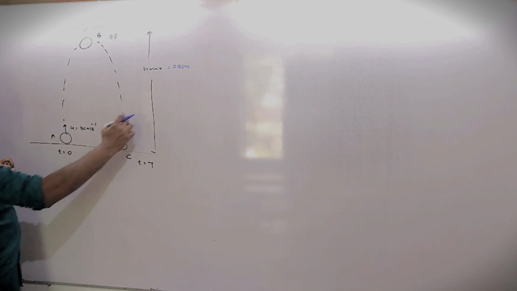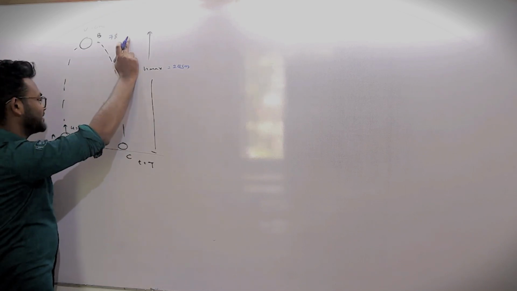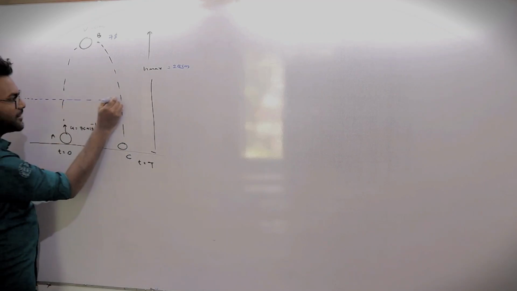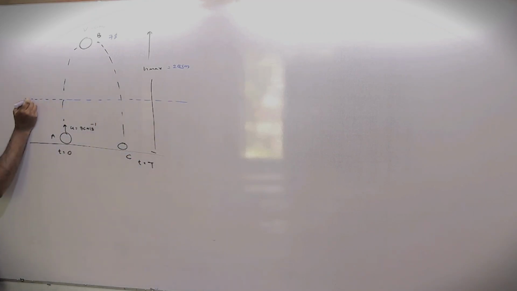The time taken for a level 120 meters above the ground. So where the 120 meters has to be? The entire h max is 245, right? So 120 means somewhere below, like this. Then, right.